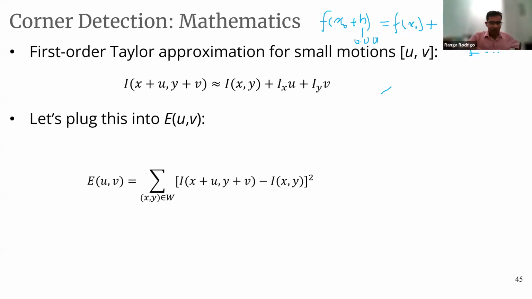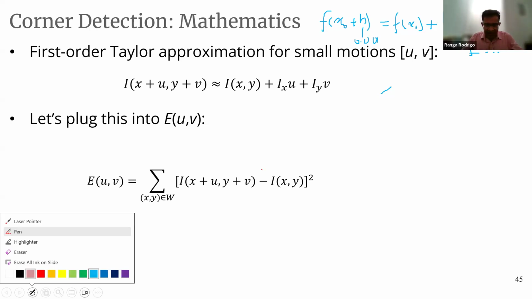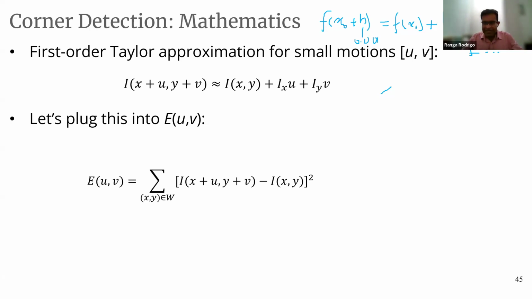We don't use this whole formula here. We have used the first order, which means we have disregarded the higher order terms. This term we use, this one we disregard.